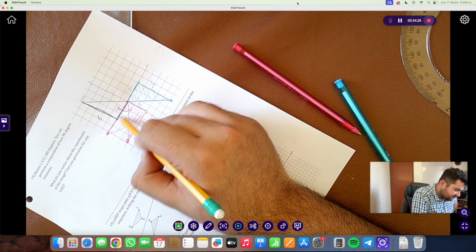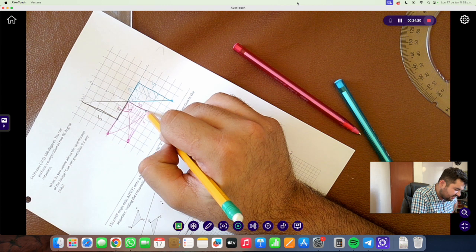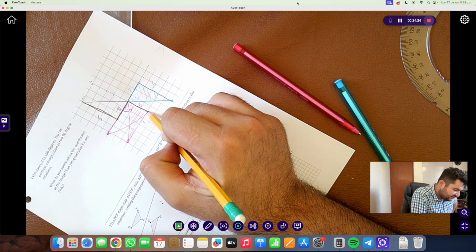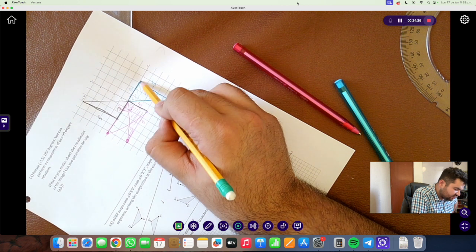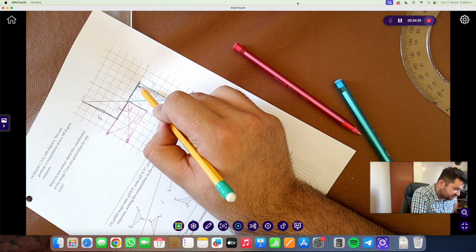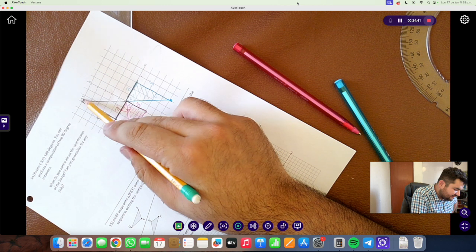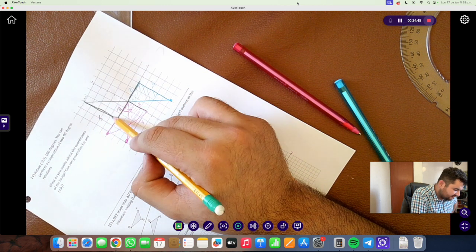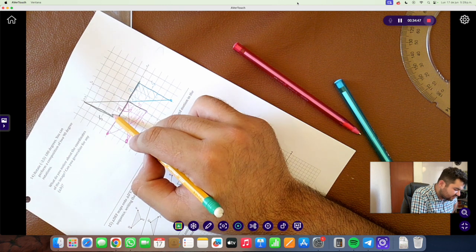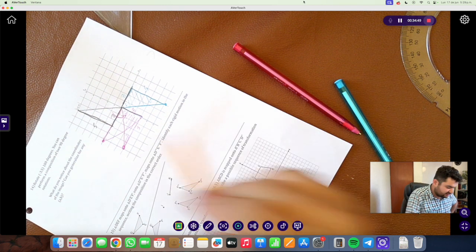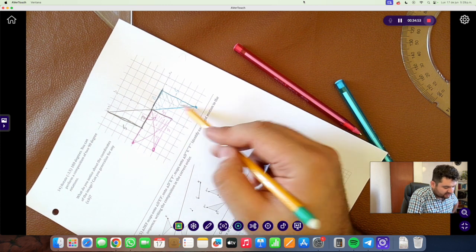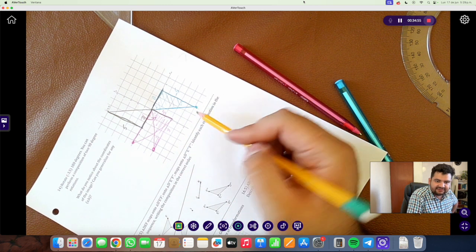So this 3, I am moving it to here to do a 90 degrees rotation. And this 3, I am moving it to here to make a 180 degrees rotation. Then the vertical distance was here. Then I rotated it, so it transformed into a horizontal. And then I rotated it again, so it became a vertical.